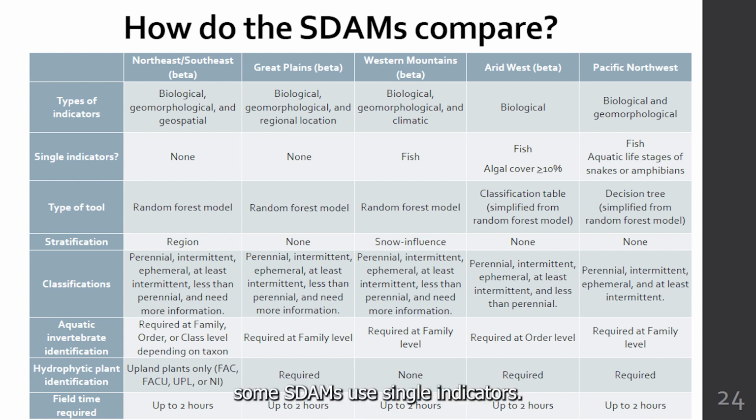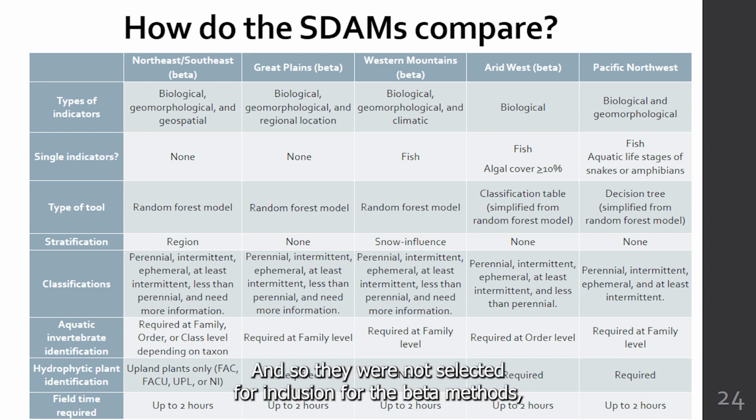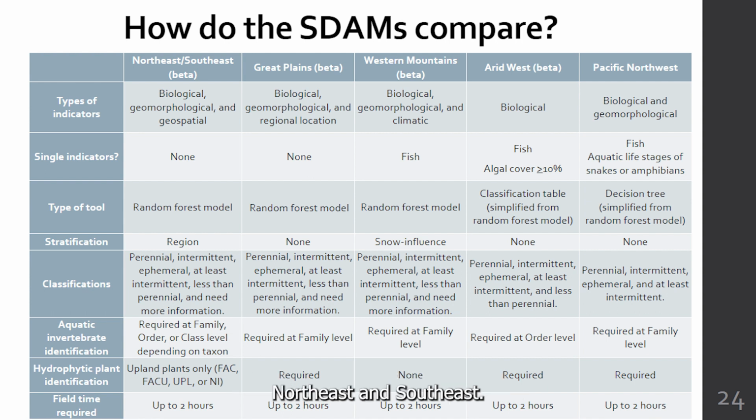Some SDAMs use single indicators. Single indicators were not found to give additional value or accuracy in the Northeast, Southeast, and so they were not selected for inclusion for the beta methods Northeast and Southeast.